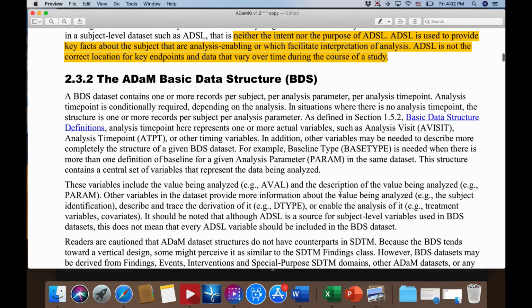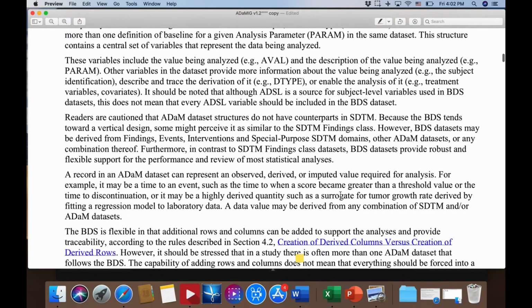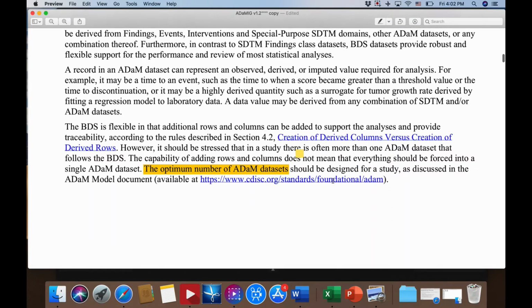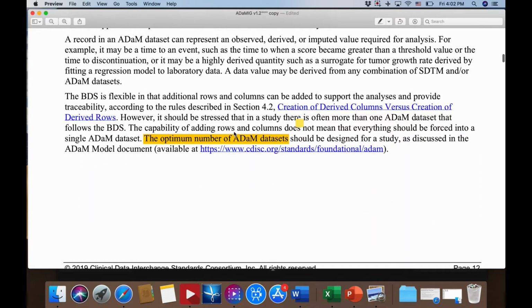For the BDS, I will talk about that more. Read through this section to learn about the optimal number of ADaM datasets. There's not a really clear rule for how many datasets you have for submission. My understanding is that the structure of your ADaM datasets should be straightforward.